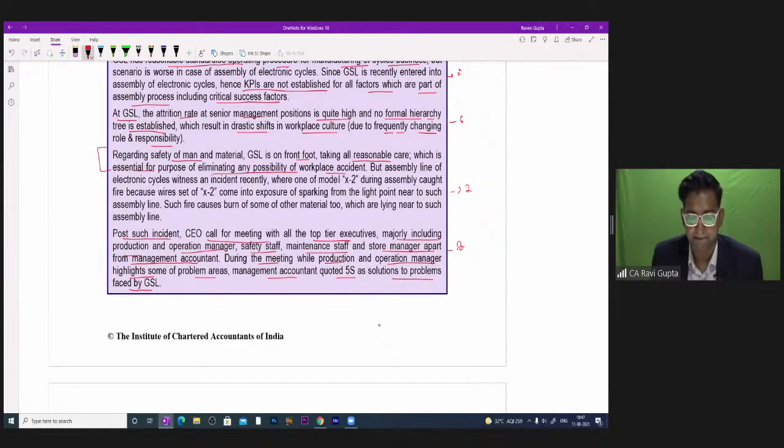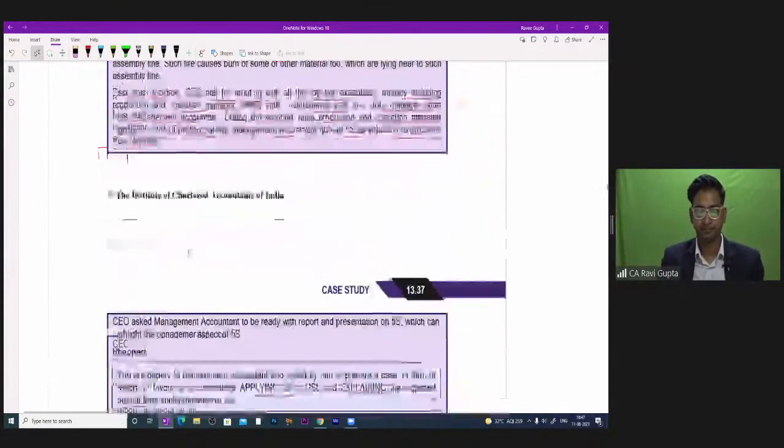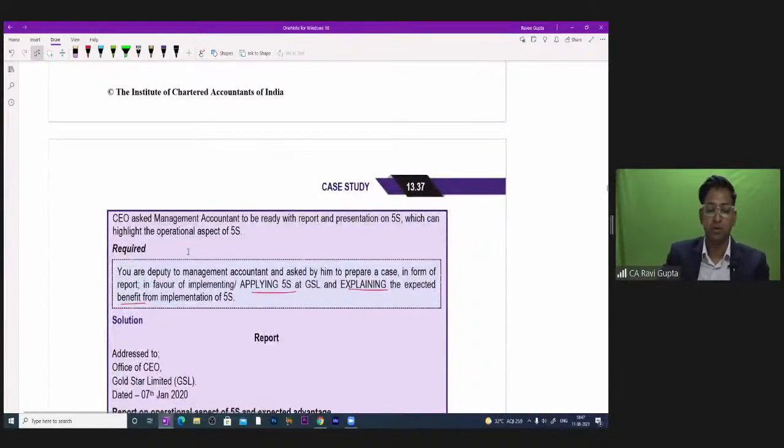The CEO asked the management accountant to be ready with a report and presentation on 5S, which can highlight the operational aspects of 5S.